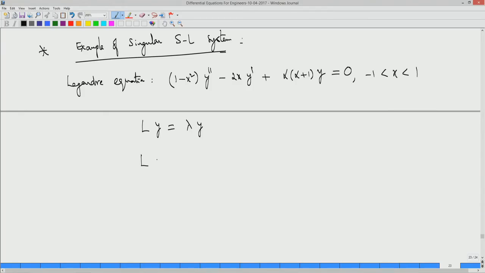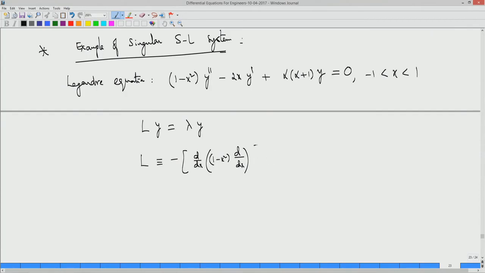Here 1 by W is 1, so P is 1 minus x squared, and L is d/dx of (1 minus x squared) times d/dx, and q is 0.